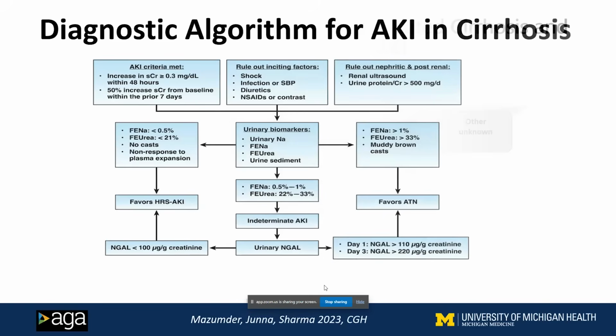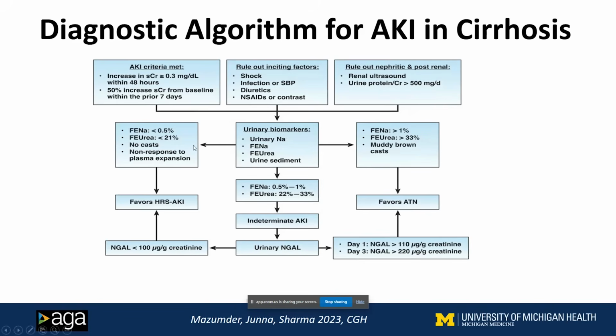So what should we do? Whenever any patient meets the criteria of acute kidney injury, we need to rule out the inciting factors and treat them, and rule out any kind of nephritic or post-renal etiology of renal disease. And if all of these are met, then look at the urinary biomarkers, mainly urinary sodium, FeNa, FeUrea, and urine sediments.